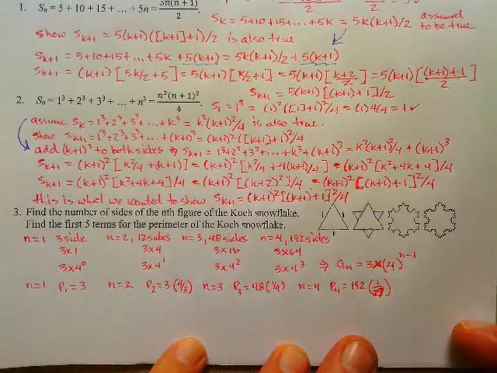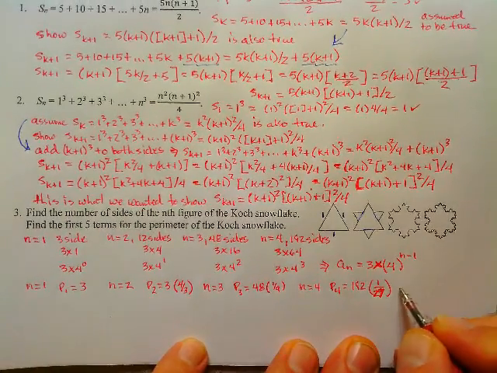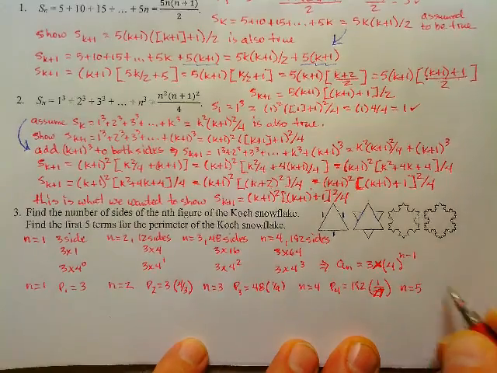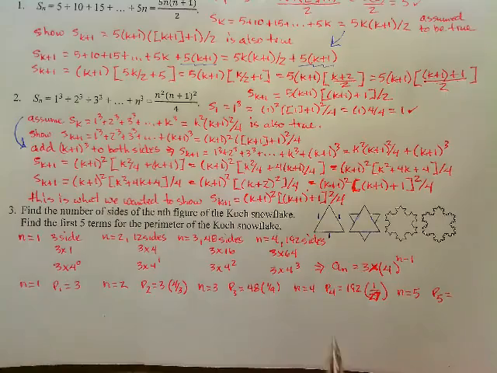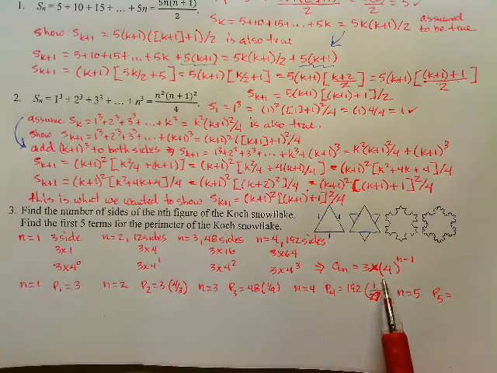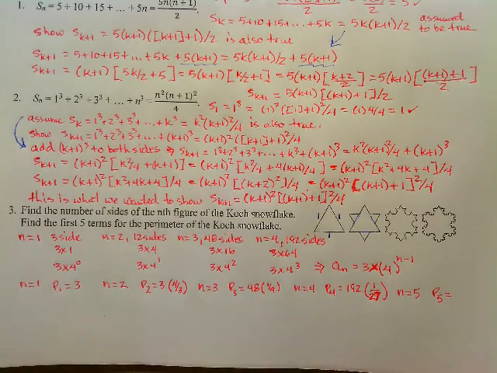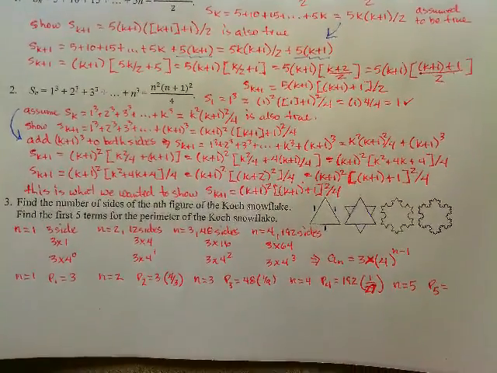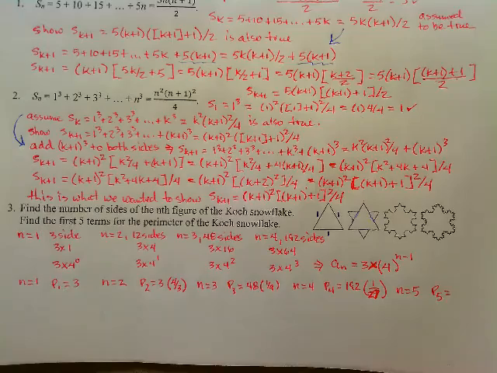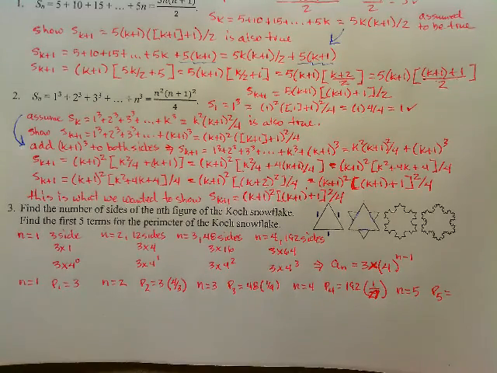And if I wanted to, I didn't have that figure, but if I was going to n equals 5, P5 would equal, now again, it's 3 times 4 to the 1 less, and so I now need 3 times 4 to the 4th power, which would be 768.